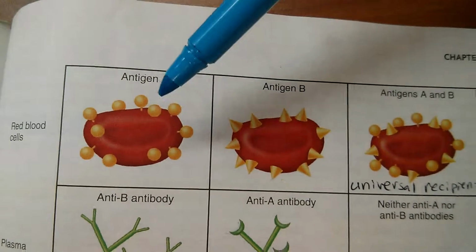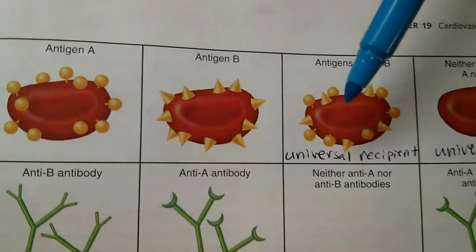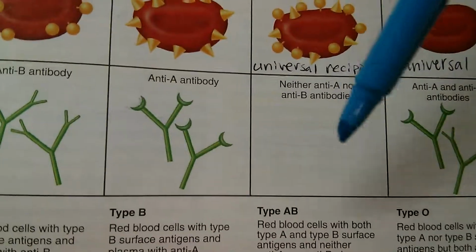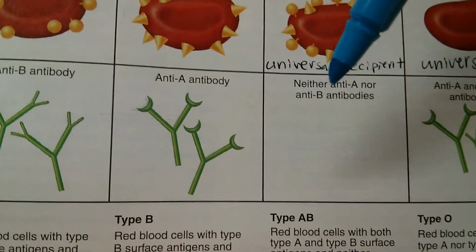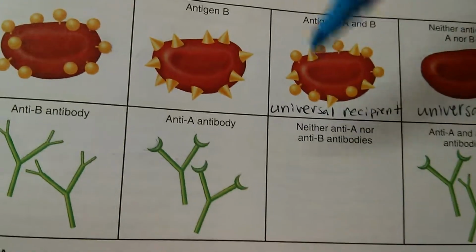Same thing if a type A person were to donate to a type AB person. Their body would be like, we have circles and they have circles, so they're fine too. So we see here that they have neither anti-A nor anti-B antibodies because they're not going to want to attack circles or triangles, since that's what they have.